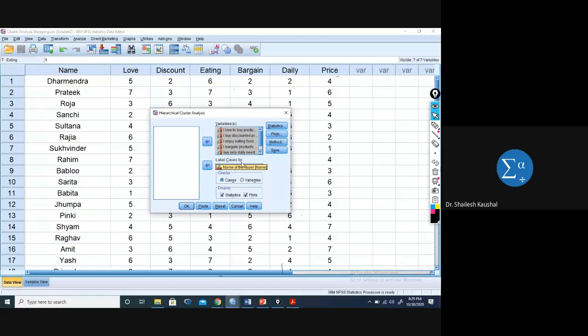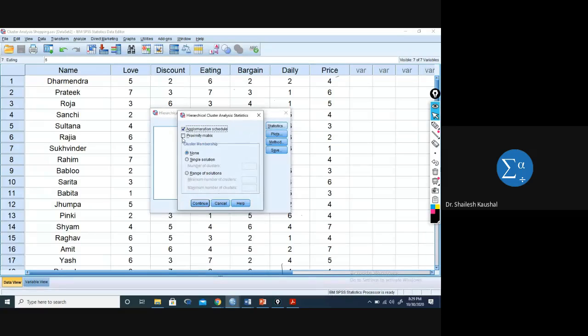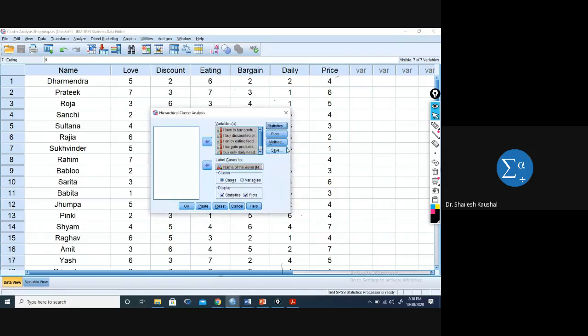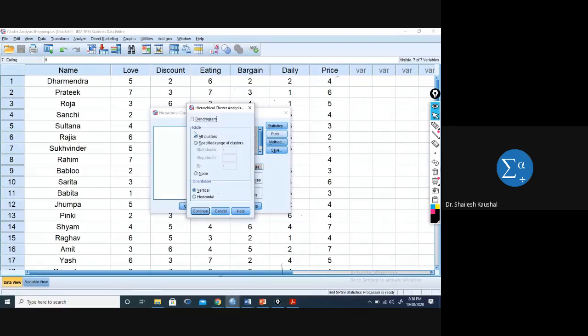Then statistics: agglomeration schedule, and then range of solution, how many clusters. I want 2 to 4 clusters, and then plots. I need a dendrogram, and after that continue.